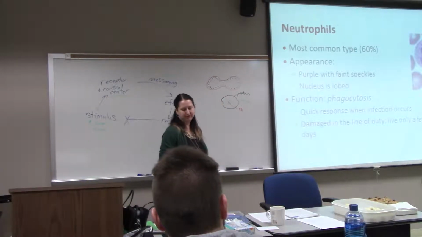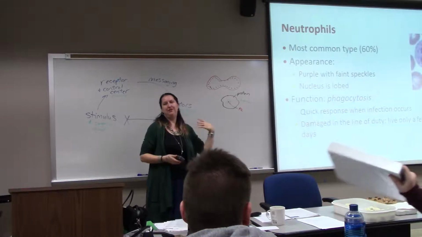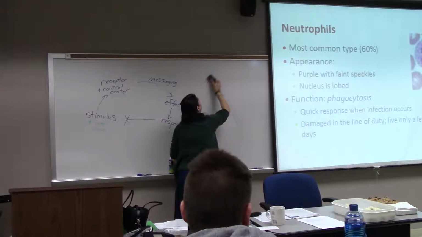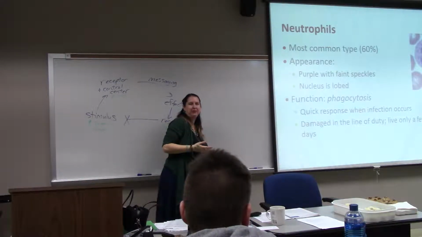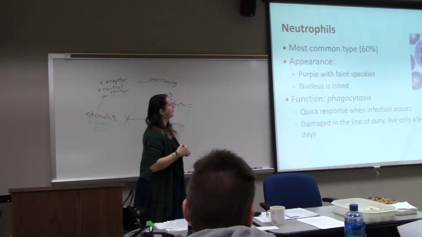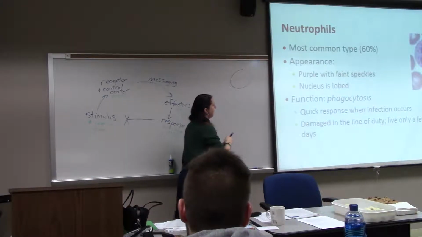Neutrophils are the most common type. There are ranges given in your book. Roughly, they make up about 60% of the white blood cells you'll find in circulation. They're a little bit larger than red blood cells.